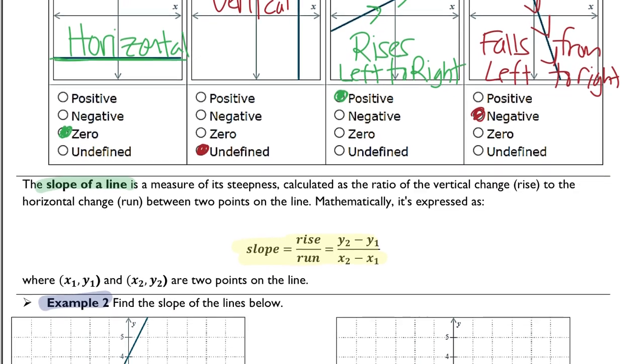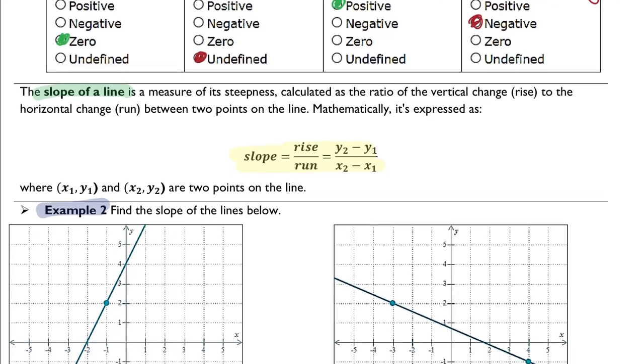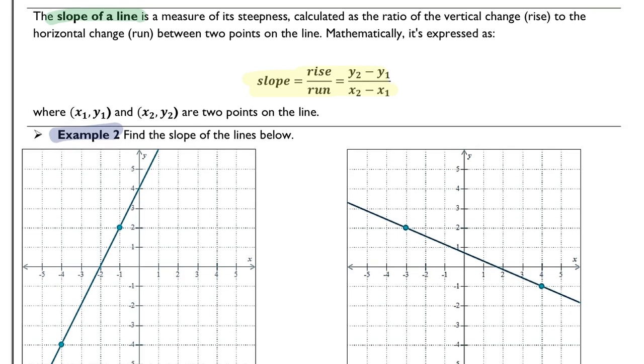So that leads us into actually finding the slope, which, if you forgot, the slope of a line is the measure of how steep that line is. So it's the steepness, and it's calculated by the vertical change, or the rise, over the horizontal change, the run. So the rise over the run is what we're going to focus on.